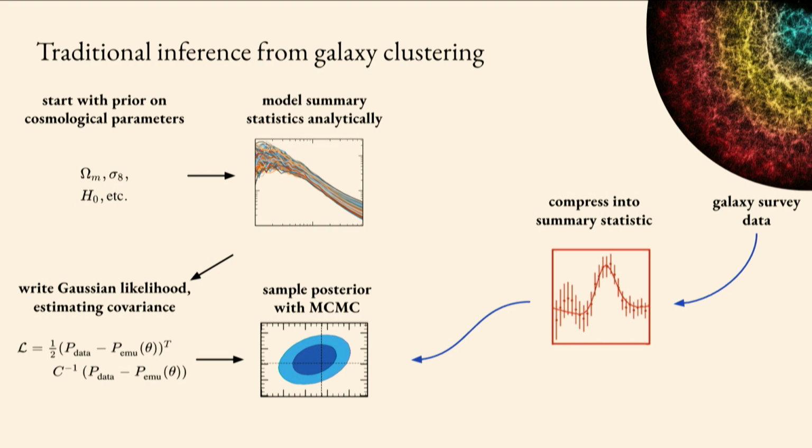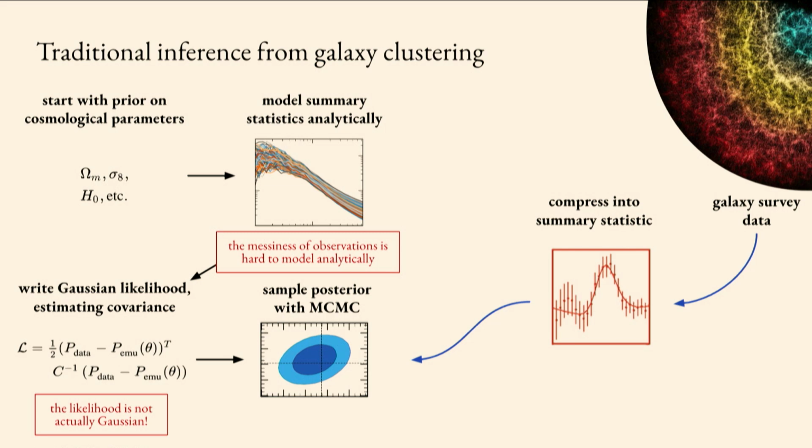So this is how we typically do it, but there are some issues here. So one is that as our observations get more complicated in the types of galaxies we're observing, for example, the systematics in our observations might be hard to model in these analytic methods. We also know that the data is not necessarily Gaussian, or the likelihood is not Gaussian, as we've been talking about.